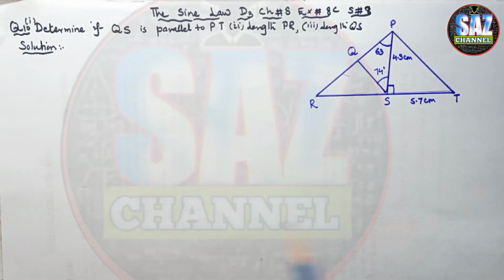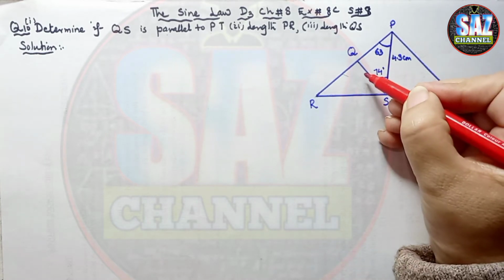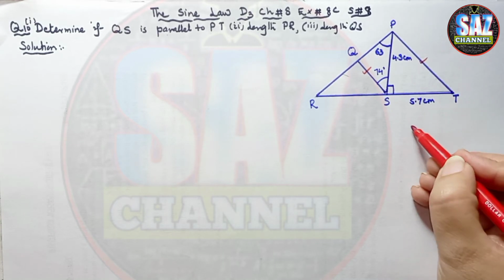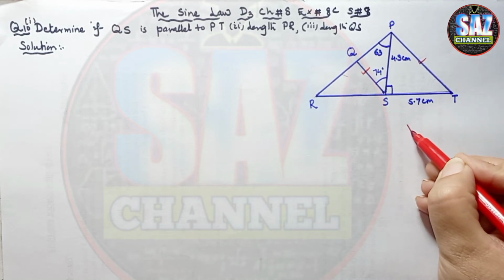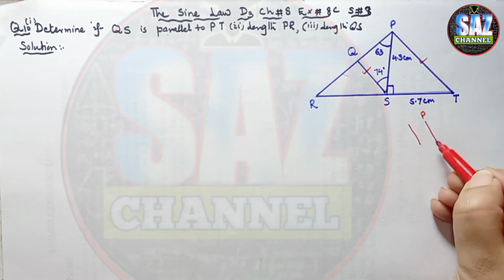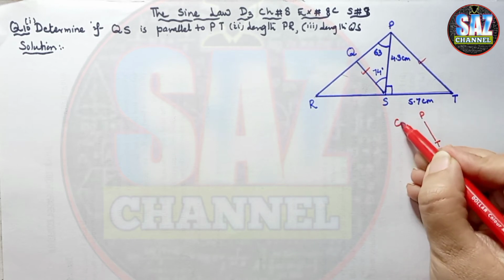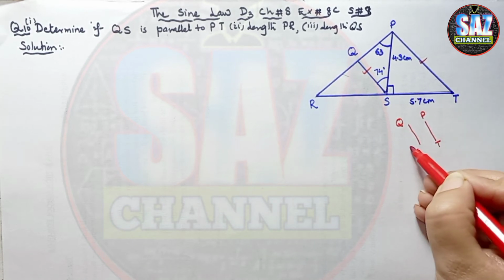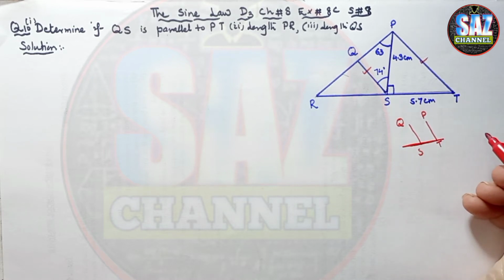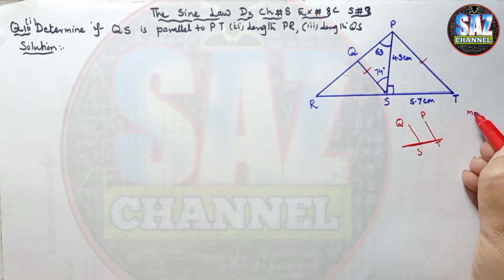And the first requirement of the question is that we have to decide whether QS is parallel to PT line. Okay, if this is PT line and this is QS line, recall that if we are dealing with coordinate geometry and we need to prove that lines are parallel, we have to prove that their gradients are same.